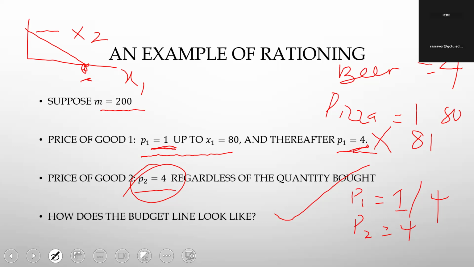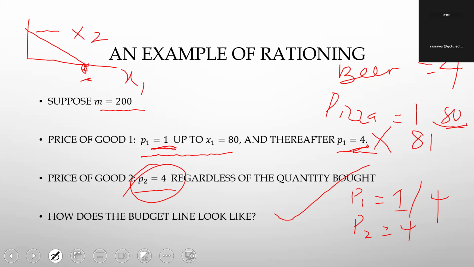So this gentleman goes and says, I am not interested in your so-called beer. I want food to survive. And they tell you, if you want food to survive, ladies and gentlemen, number 1, give me this. Government says, if you buy up to 80 pizza, you pay 1 cedi for each.